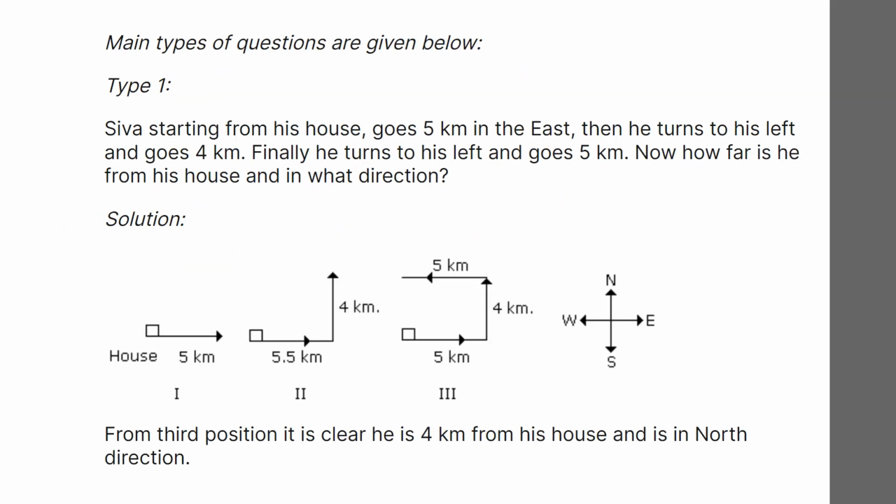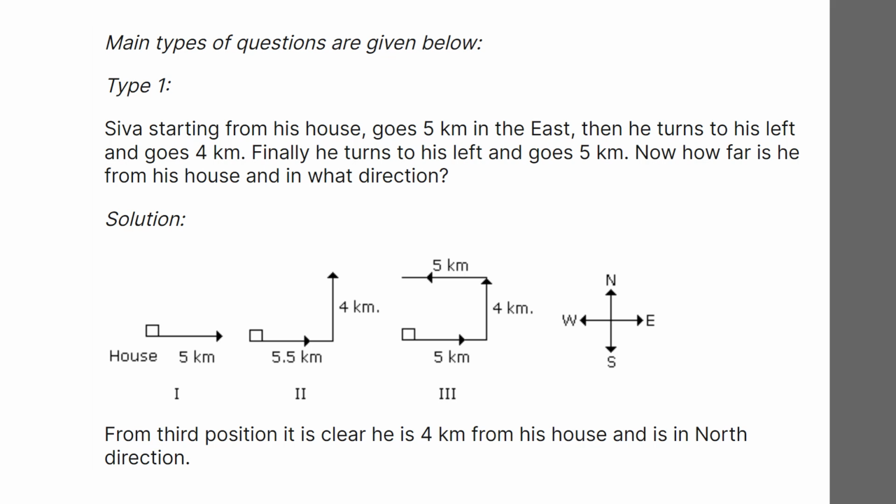Now, coming to the main types of questions which are asked in this direction sense test, the first type is where some person will be walking for some kilometers in one direction, then again takes his left or right, so facing south or east, like this, these directions will be specified.